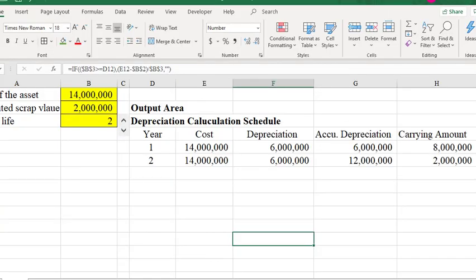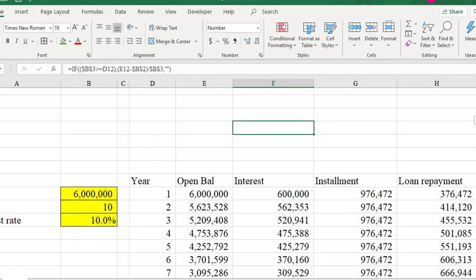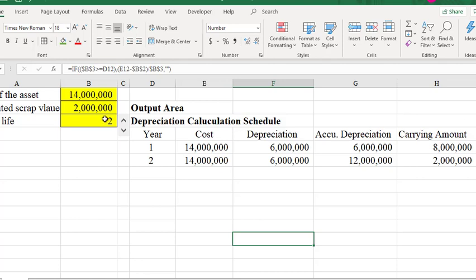Now, for example, you can see here I have developed a model to compute depreciation. If you want to manipulate these figures, you can see the cost of asset is 14 million, the estimated scrap value is 2 million, and the useful life is, let's say, 3 years or 4 years.